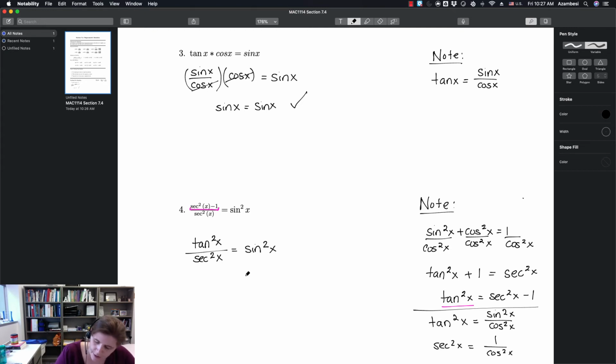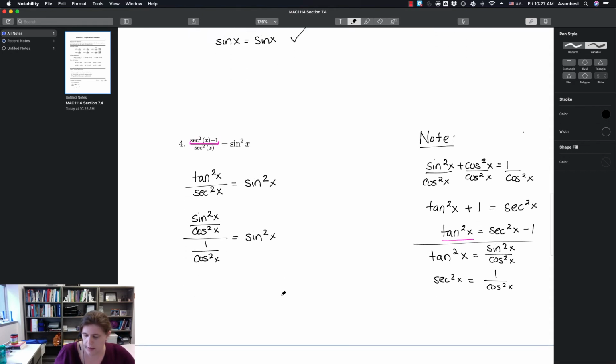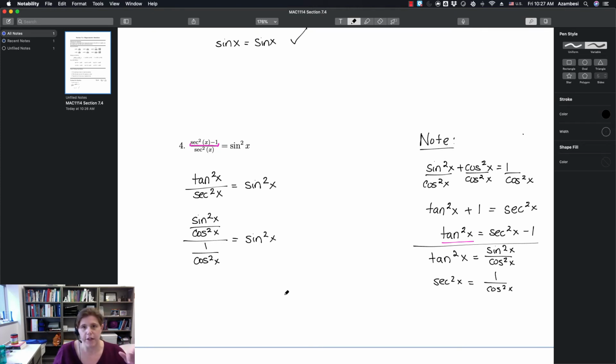Writing those two, that means on the left-hand side I have sine squared x over cosine squared x divided by 1 over cosine squared x, and it's equal to sine squared x. The right-hand side's just kind of tagging along for the ride. Dividing fractions: hold, flip, multiply.